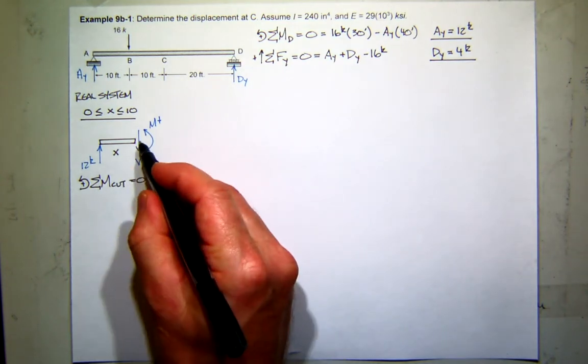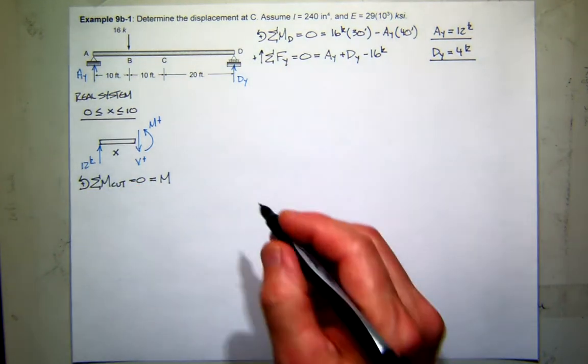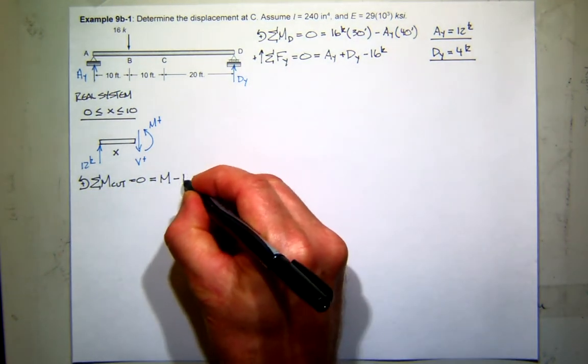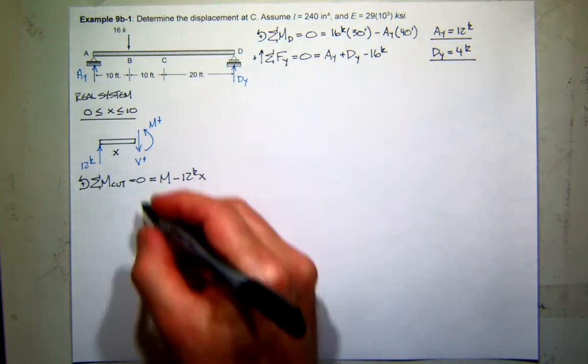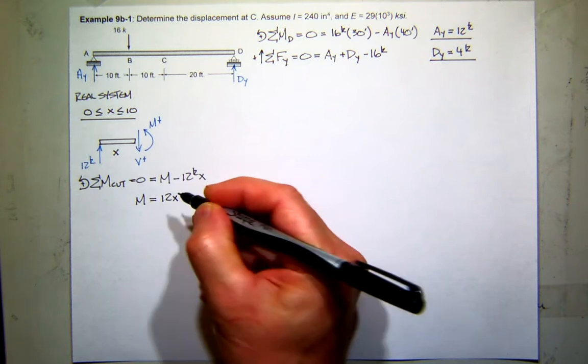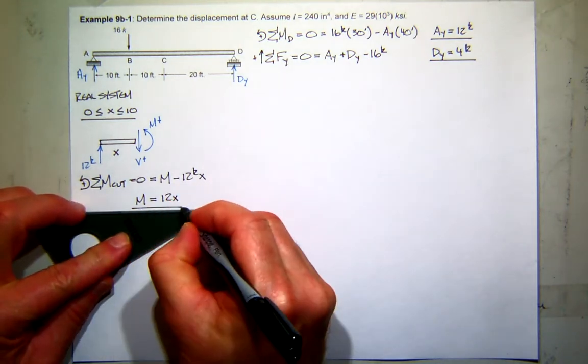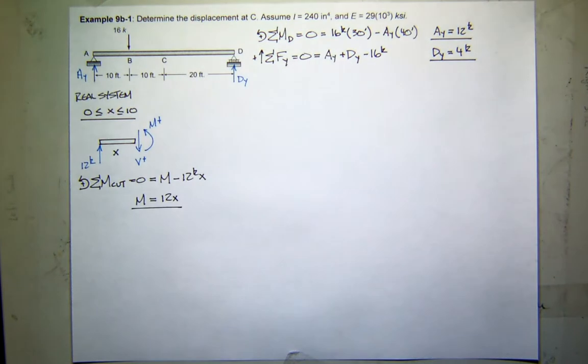And then a moment about the cut due to the 12 kip force is what? Positive or negative? Negative. And that would be minus 12 kips times x. So it's pretty easy to see that the moment here is just 12x. So that's the equation for moment from 0 to 10.